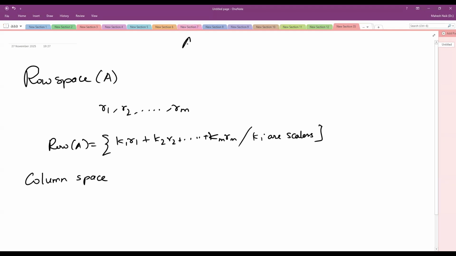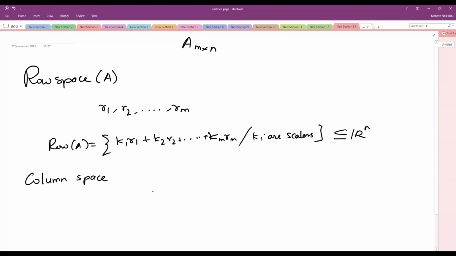If I assume A to be of order m cross n, my row space will be a subspace of Rn. So each row is actually a vector of order n, and so this has to be a subspace of Rn.